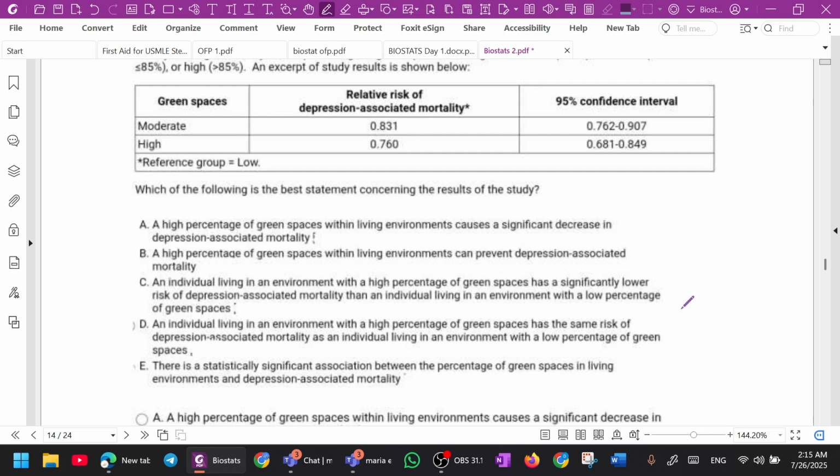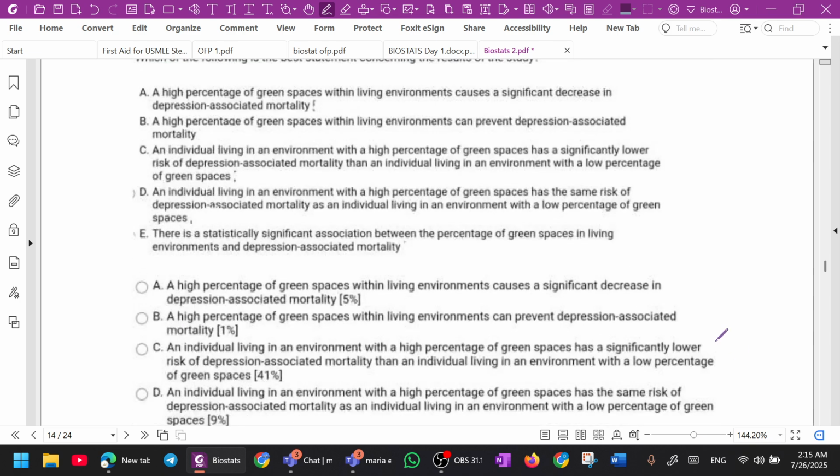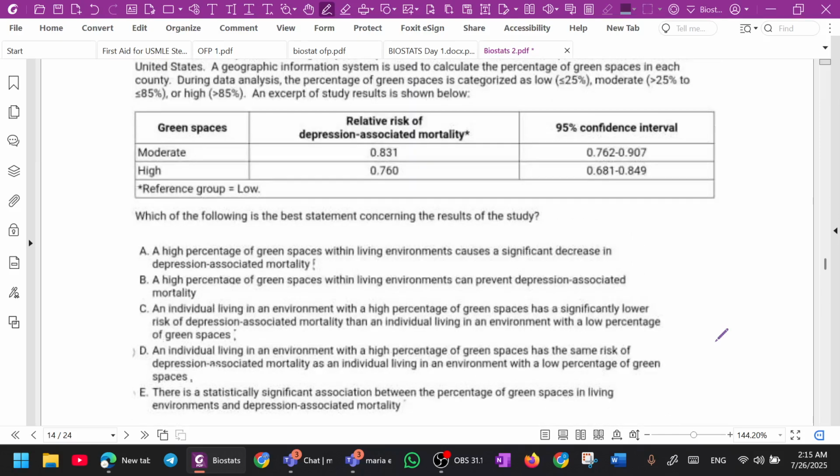Is it A or B? You tell me, I don't know.